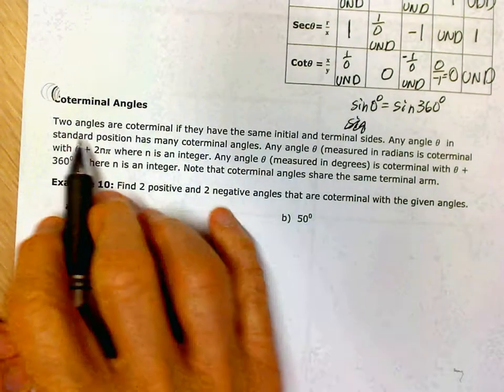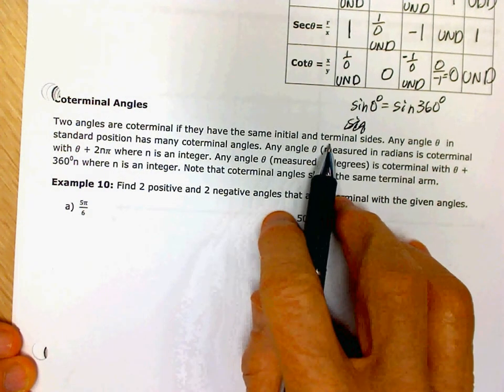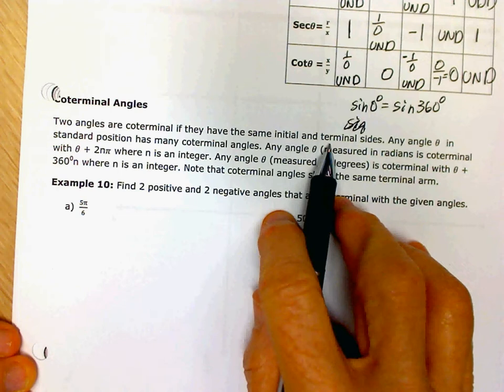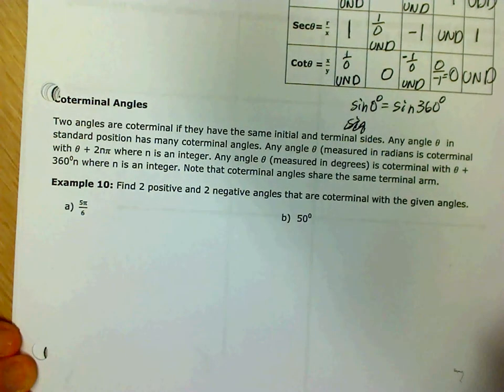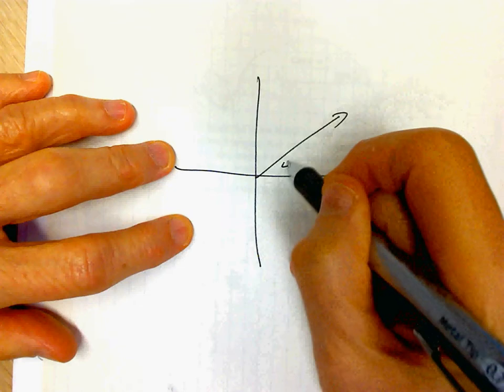Finally, two angles are coterminal if they have the same initial arm and terminal side. So, suppose I have a 45 degree angle.